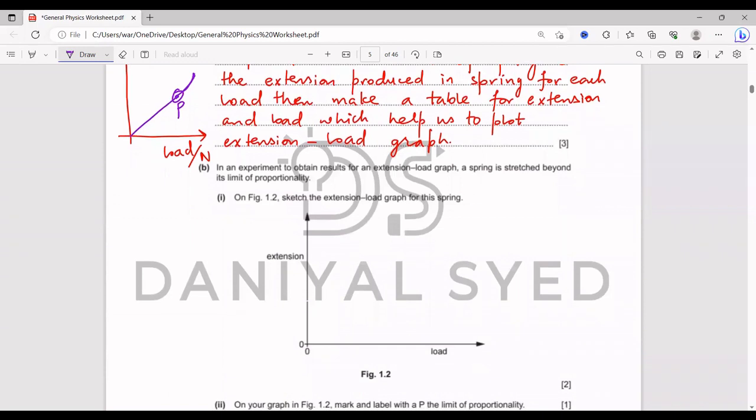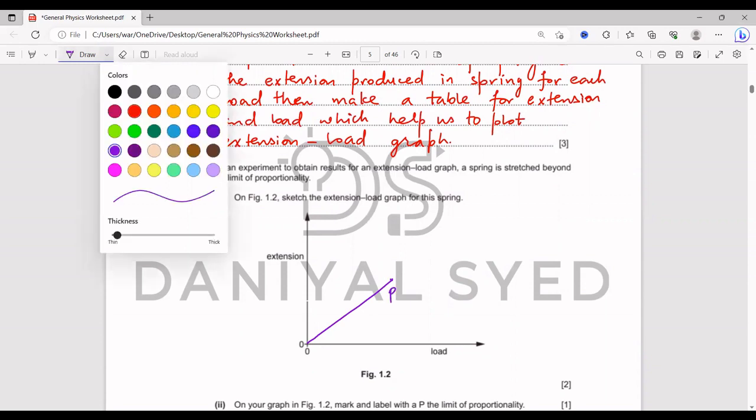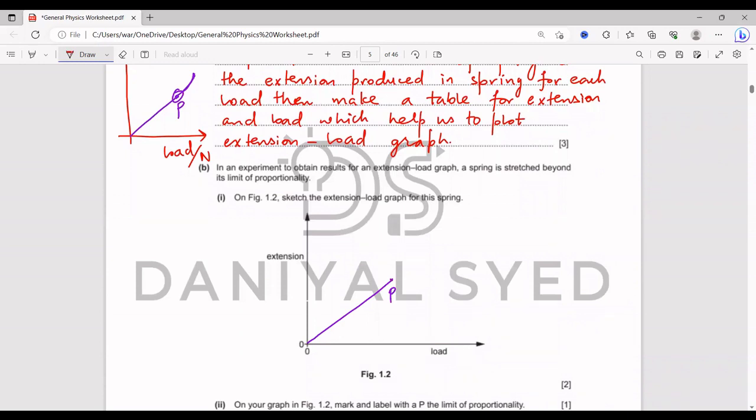So first, the graph is a straight line. Then you mark point P, the limit of proportionality, and then as the spring crosses it, it will be a curve moving upward. This is how you have to sketch the extension load graph.